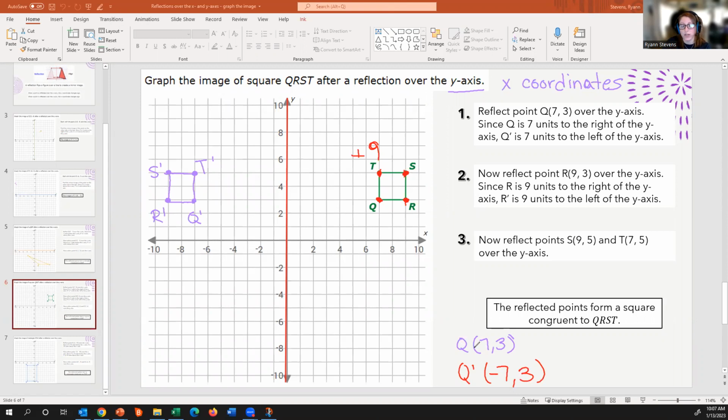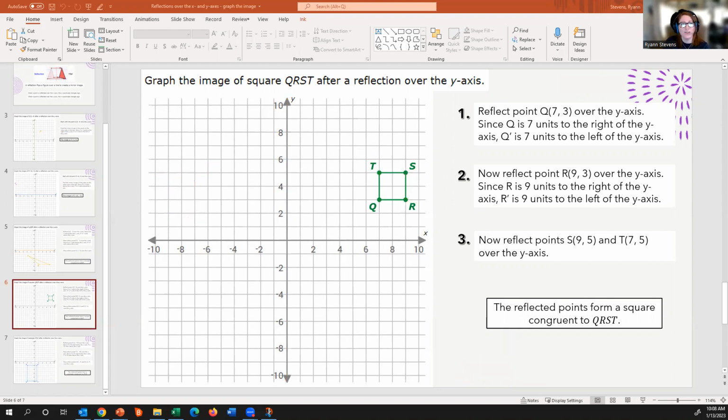My x coordinate's going to change. And then once I reflected this across that y-axis, that's where my x coordinate changed to a -7. So that's a great way to check your answer as well. Kind of go through, look at the coordinates and see, if I'm going across that y-axis, did all of my x coordinates change, but are my y coordinates still the same?